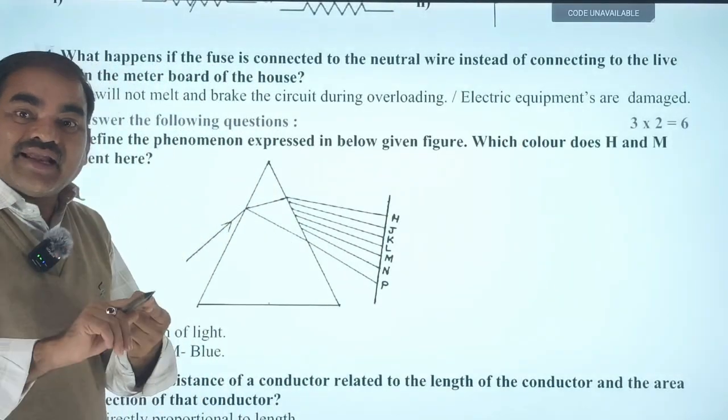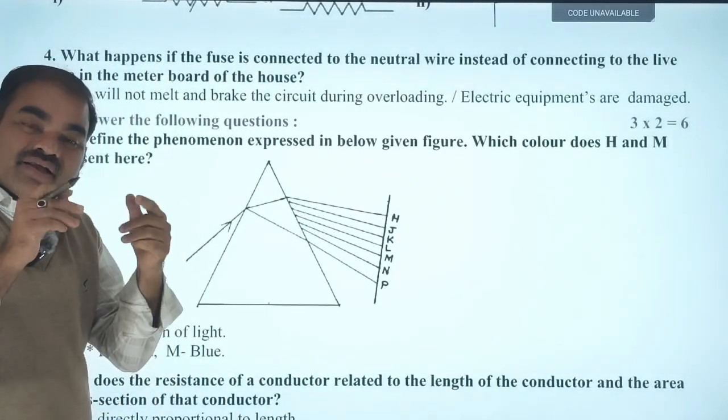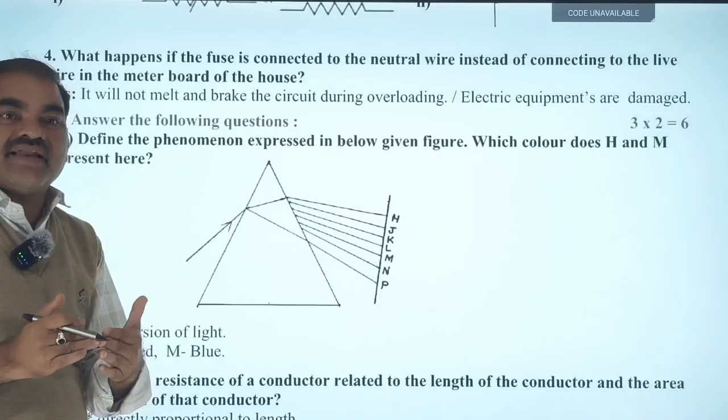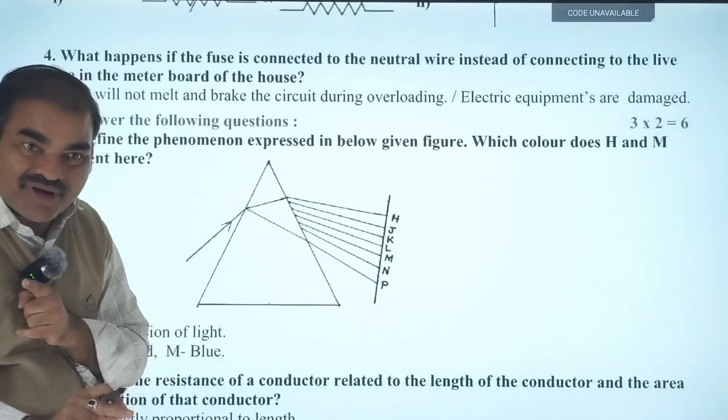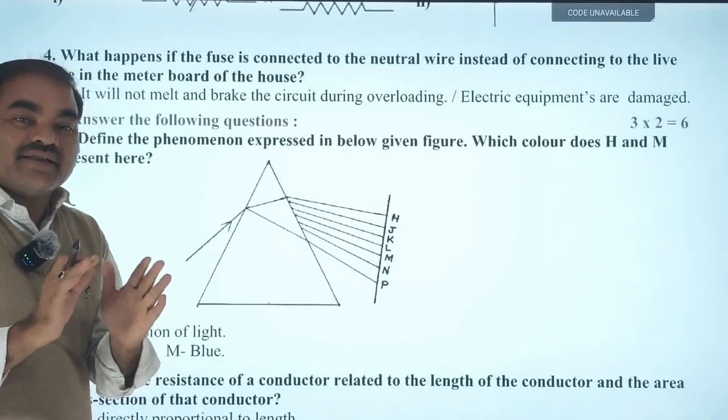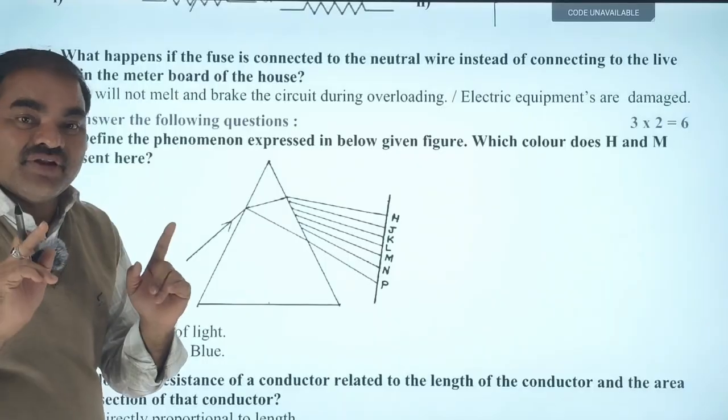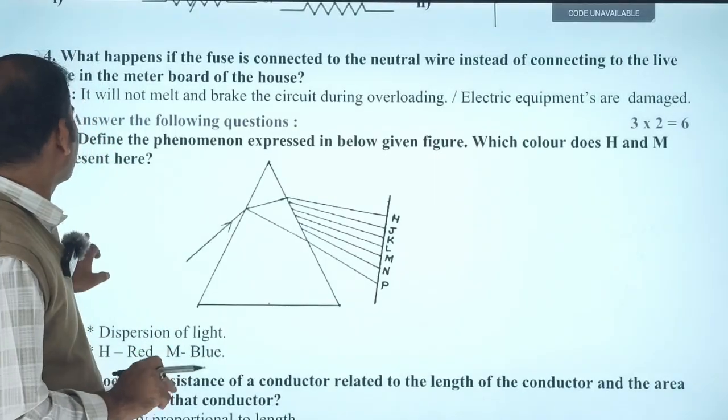When it is connected to the live wire and excess current flows, it breaks automatically, and the electric appliances are safe.